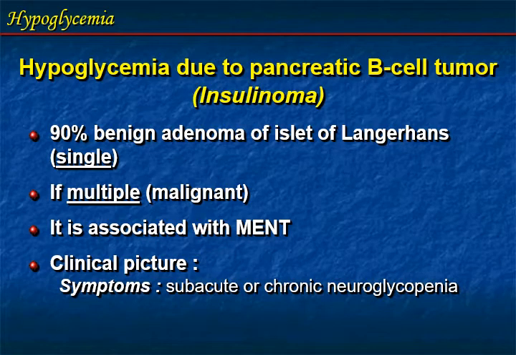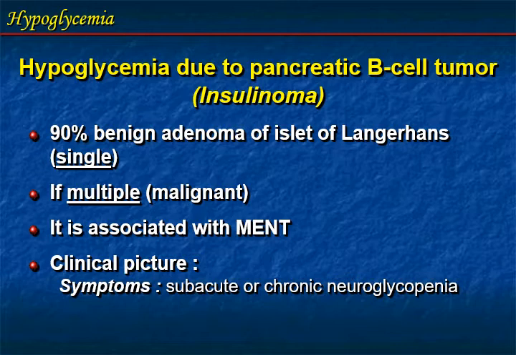This is a very important question, and we look at it recently in the newer years. Hypoglycemia due to pancreatic beta cell tumor, insulinoma. We can have the title in many ways: fasting hypoglycemic pancreatic beta cell tumor or insulinoma.